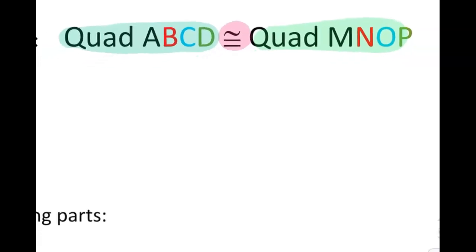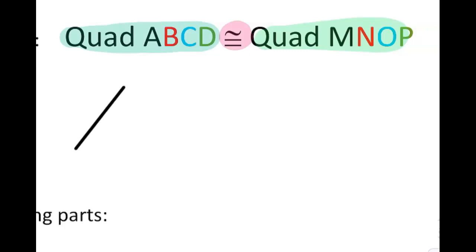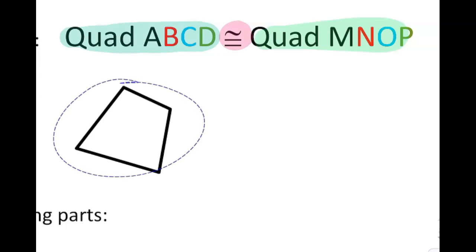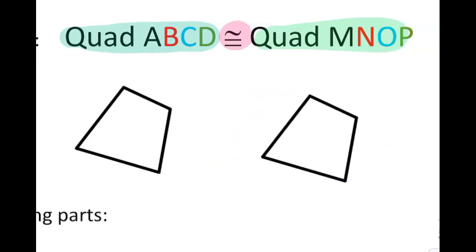So quadrilateral ABCD and quadrilateral MNOP. I'm just going to draw a random quadrilateral, and a quadrilateral just means it has to have 4 sides. Nothing more specific than that. And I'll draw another one. So take a minute to draw, as best you can, 2 identical 4-sided shapes.